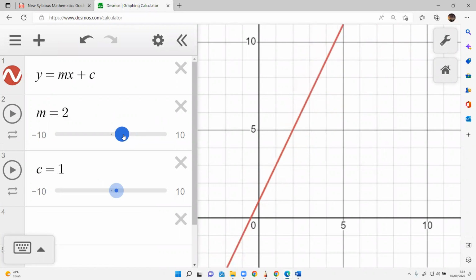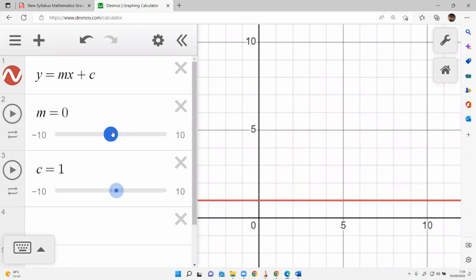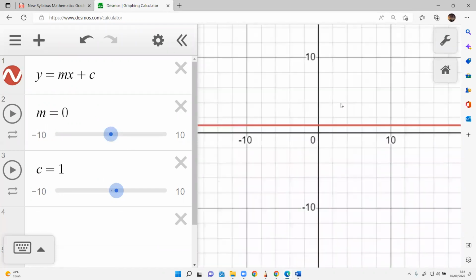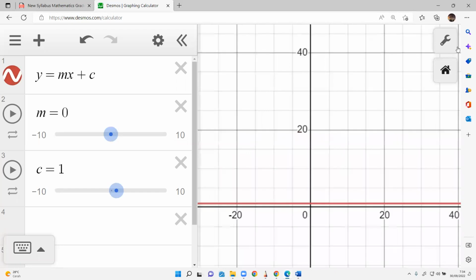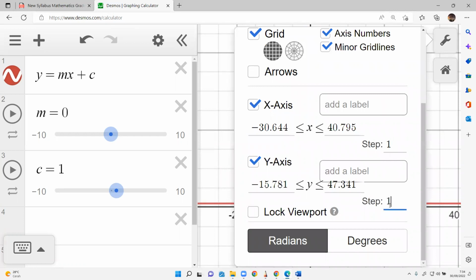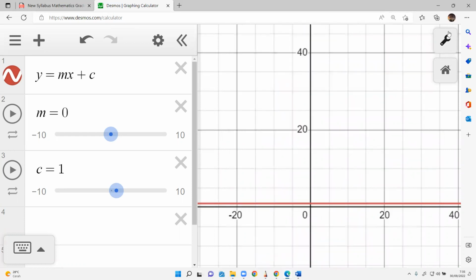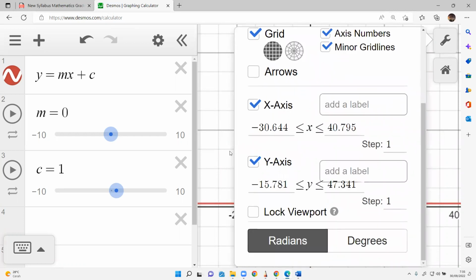If I go nearer to zero, it's a straight line. Get it? See the line? Okay, wait. I need to do the settings. X-axis step one.